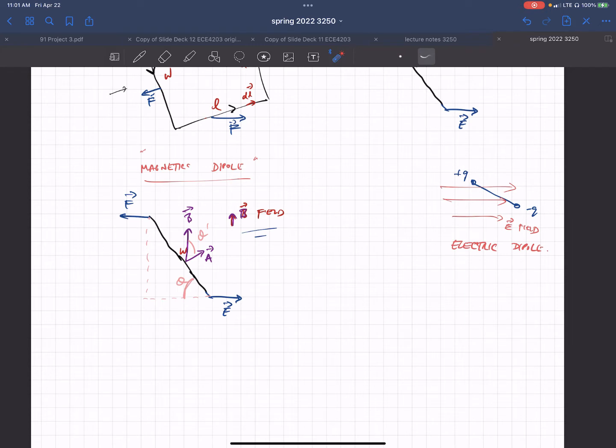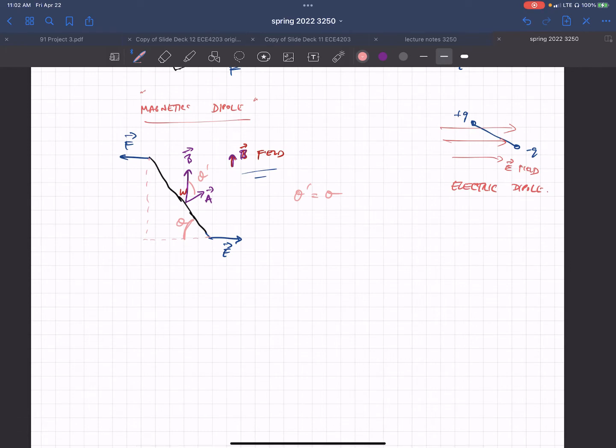So this theta is basically looking at the separation between this and this. Okay. And so that is, the B field is perpendicular to this guy, and the area vector is perpendicular to this guy. So I'm going to say that theta prime is equal to theta.